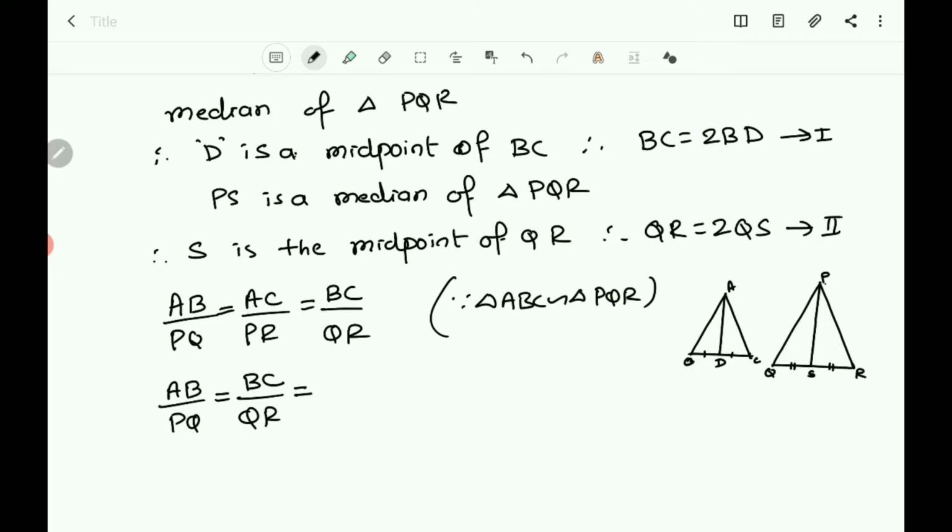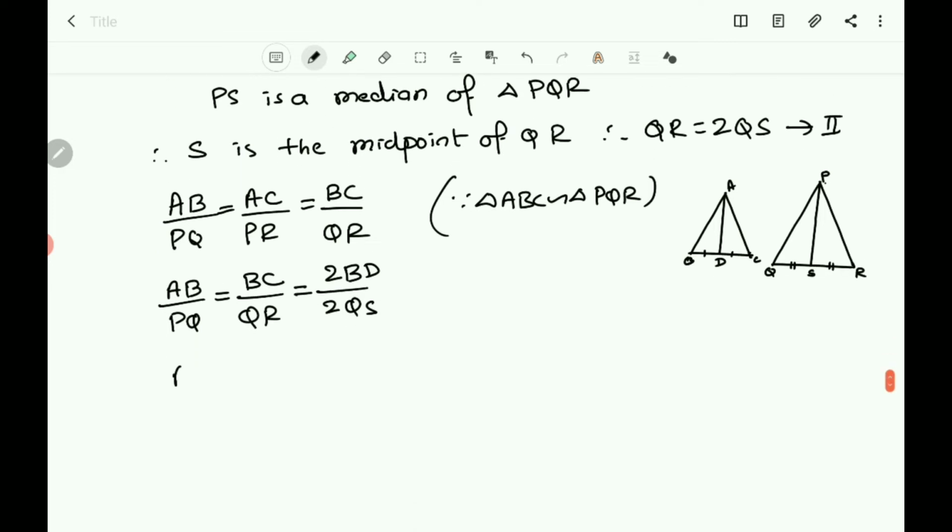BC by QR means you can write BC means 2BD and QR means 2QS. So the ratio becomes AB by PQ is equal to BD by QS.